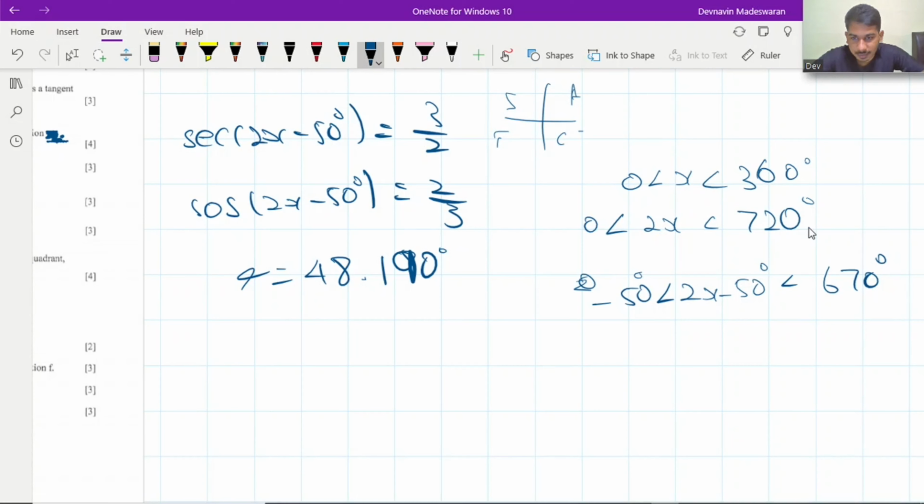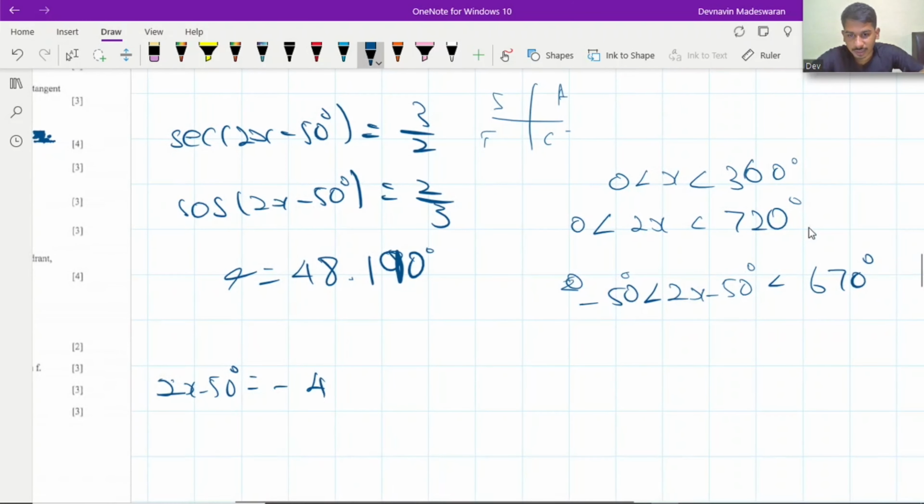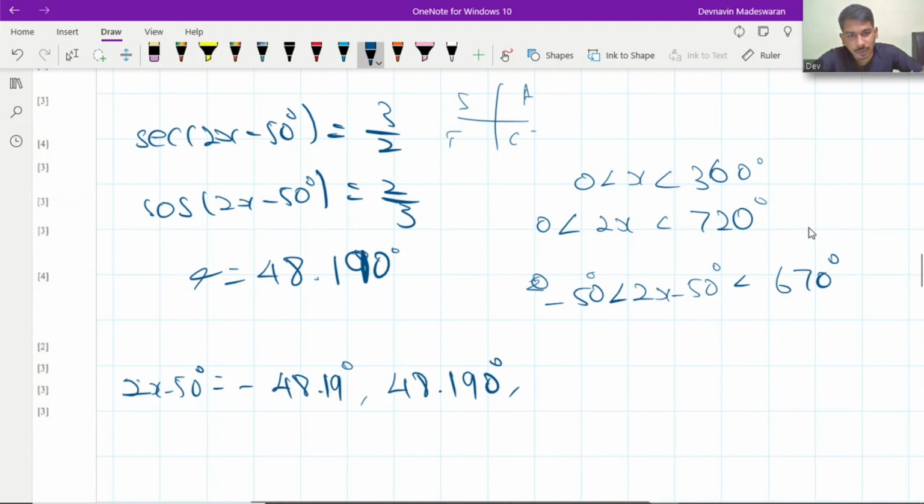So it could be here, which will be negative, so we can have the first value of 2x minus 50 degrees be negative 48.19 degrees, and then we have 48.19 degrees, and then we have to go one whole round, which is 360 minus 48.19, so 311.81, and then 360 plus 48.19 will be 408.19 degrees.